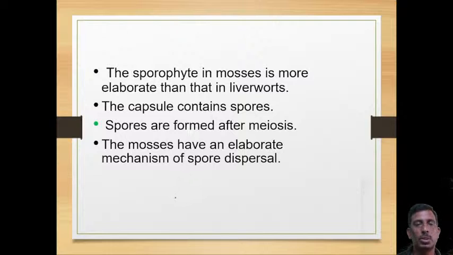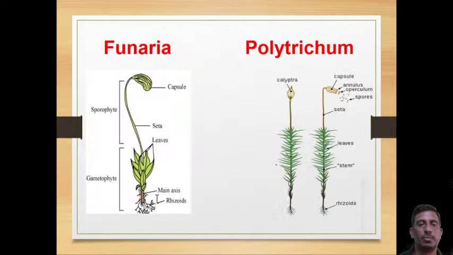When you compare the sporophyte of mosses with the sporophyte of liverworts, the sporophyte of mosses is more elaborate. From the capsule, spores are produced by meiosis, and there is an elaborate mechanism of spore dispersal compared with liverworts.